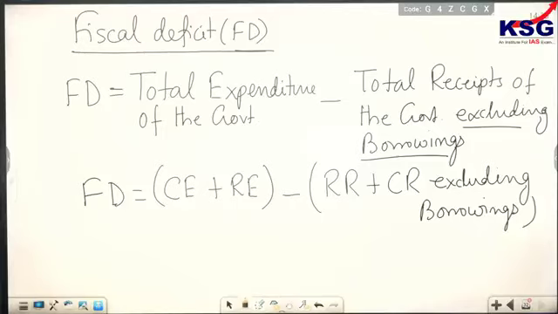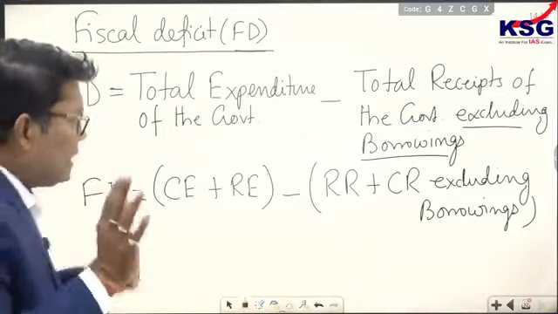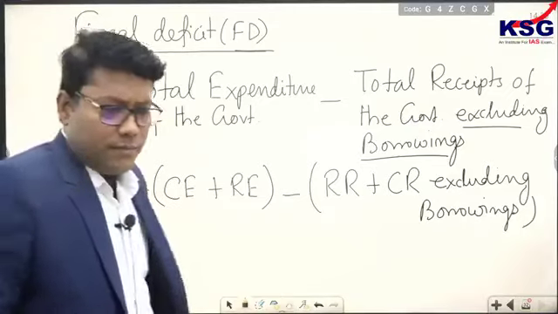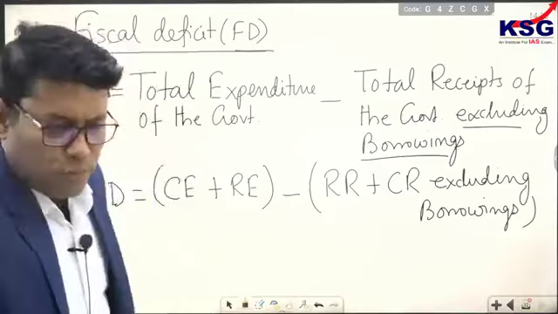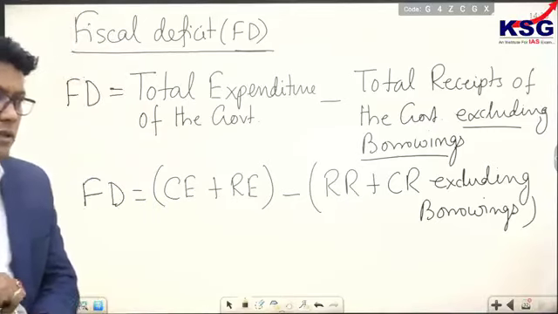If any state government takes a huge loan and is unable to return it, is there any chance the state goes bankrupt, or does the central government help the state? See, there is a possibility that the central government will help, but they may put some conditions, because finally the central government has to help.